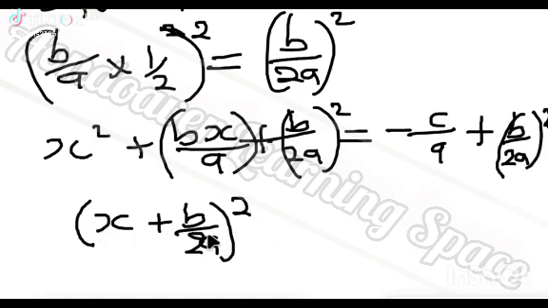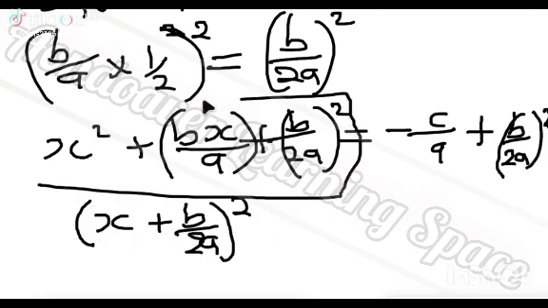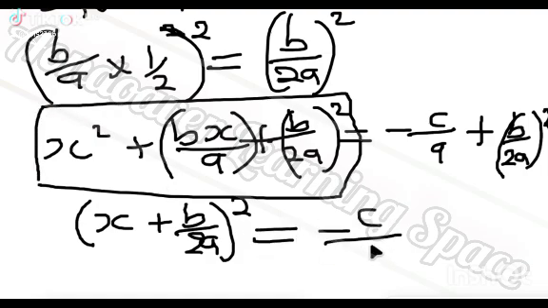So if you're to expand this, you're going to get exactly what you have at the left hand here. So this is equal to minus c over a plus b squared over 2a raised to power 2, which is same thing as 4a squared.